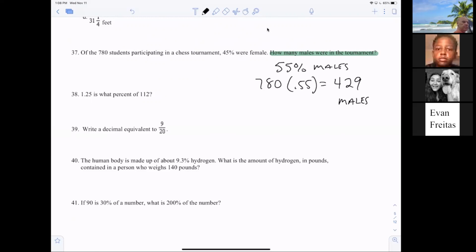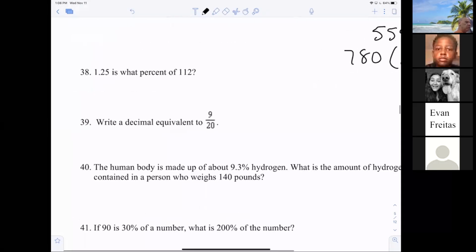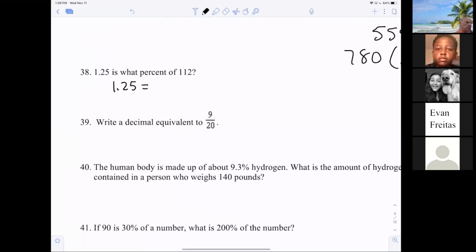You could just press X. No, oh, I see what you're telling me to do. That's just mine. Okay. So now we got to practice 38. 1.25 equals X times 112. And so now we just divide by 112.